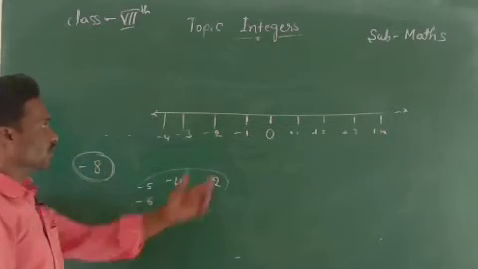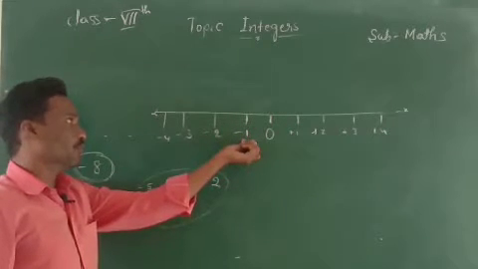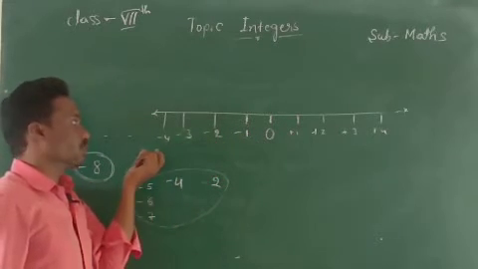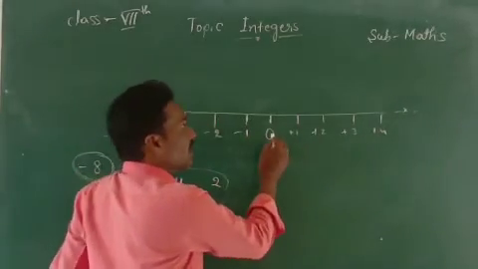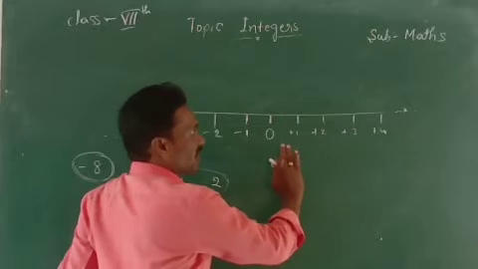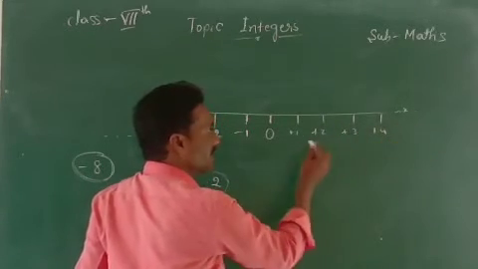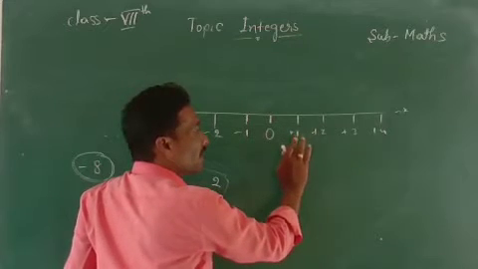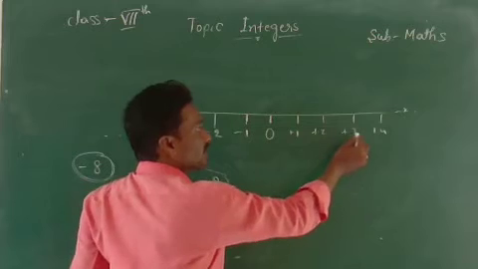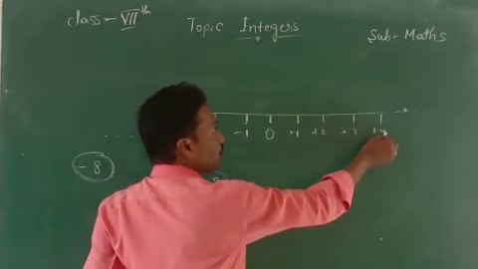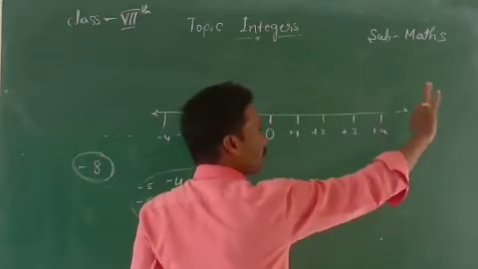So one thing you have to keep in your mind: on the number line, if you move to the left side, the value will decrease. In the same way, if you come to the right side of 0, moving on the right side, its value will increase. 1 is smaller than 2, which means 2 is greater than 1, 3 is greater than 2, 4 is greater than 3, 5 is greater than 4, and it will go on.